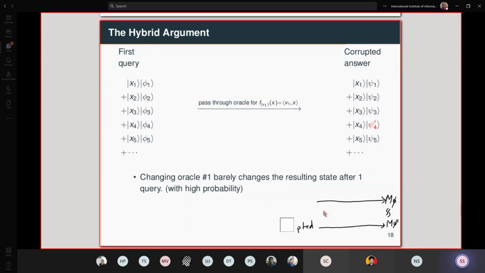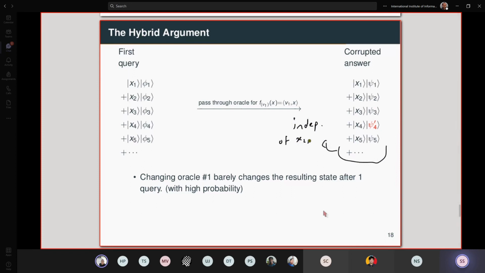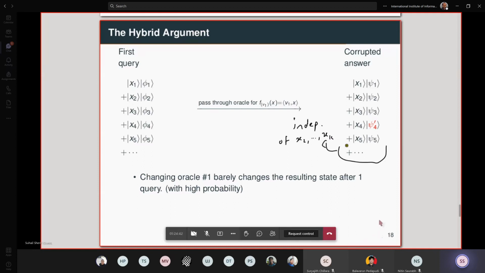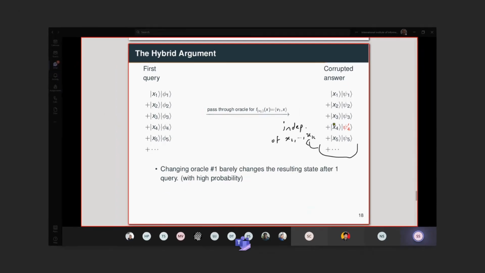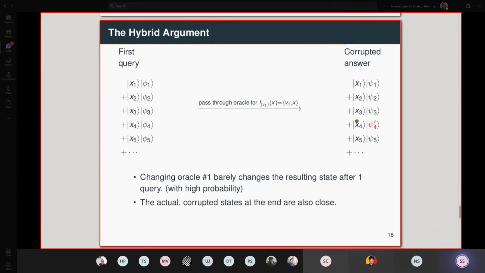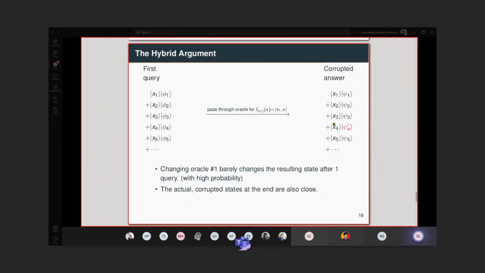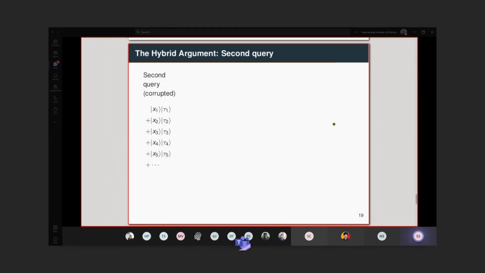All right. Another benefit to making this corrupted state is that this state is actually independent of x2 till xk. So earlier we were saying that x2 till xk are nearly at random. Now they actually are truly at random, because this state only depended on v1 and it didn't depend at all on v2. And so the way this argument will go is that we just corrupt it over and over.